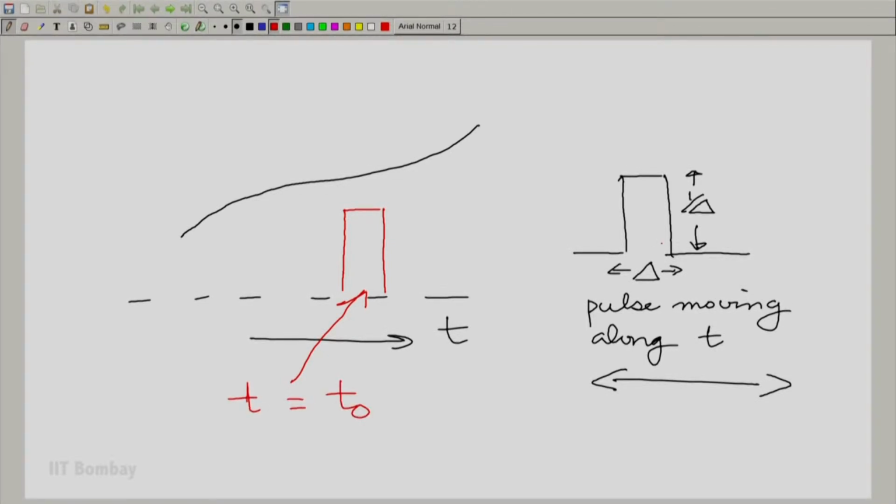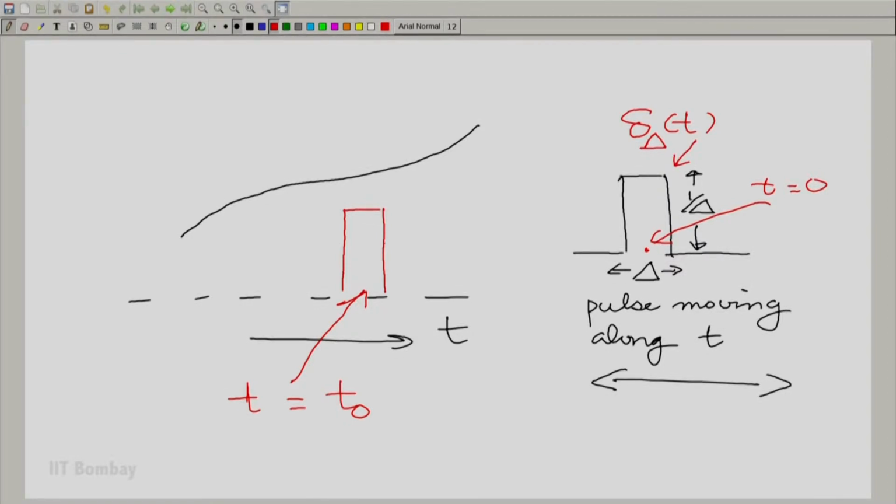So, if this pulse were originally at 0 here, and if I give this pulse a name, I call it delta, capital delta t. So, this is the name I give to this pulse.